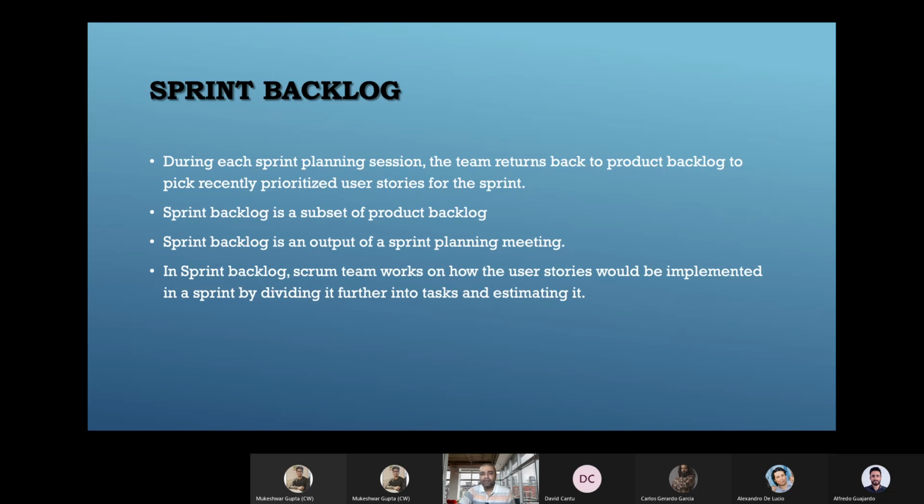back to the product backlog to pick recently prioritized user stories for the sprint, which means this point is very important. What is the meaning of this? Say suppose we are not using Jira, we don't have any future backlog, we don't have any future sprint backlog. You just have one single product backlog and one single sprint backlog.